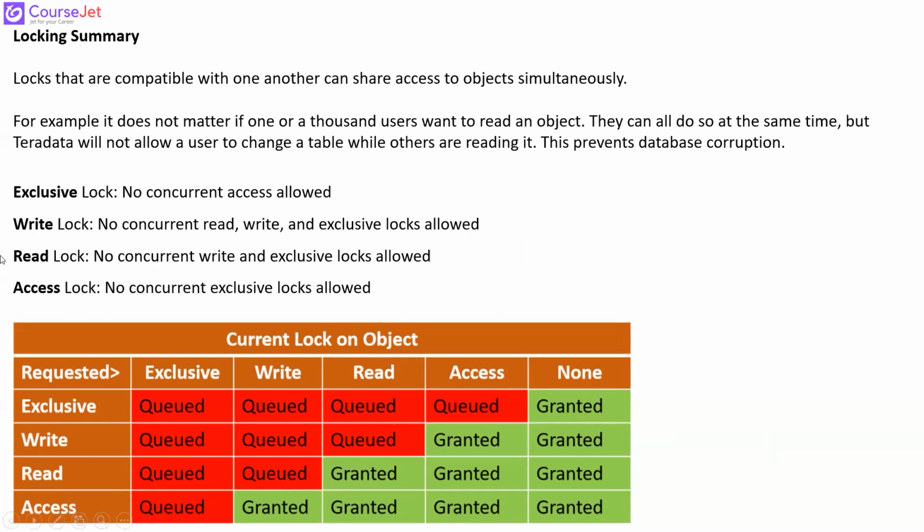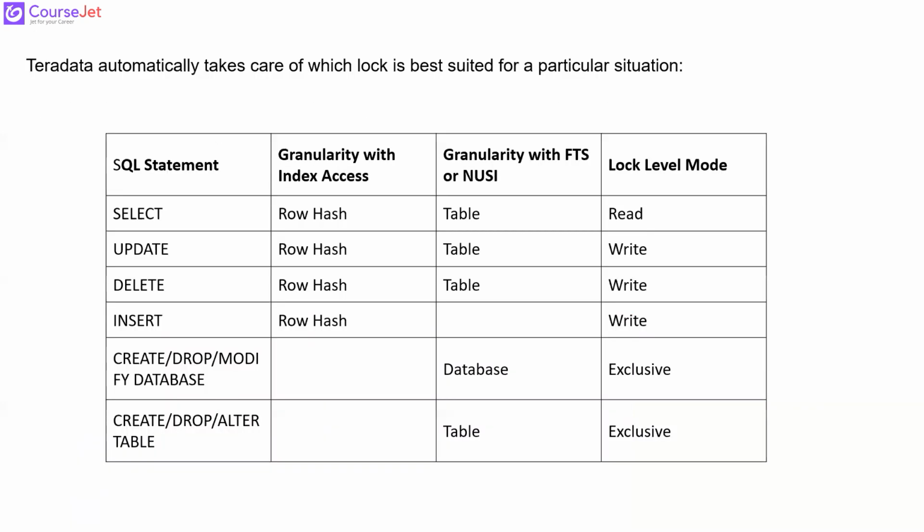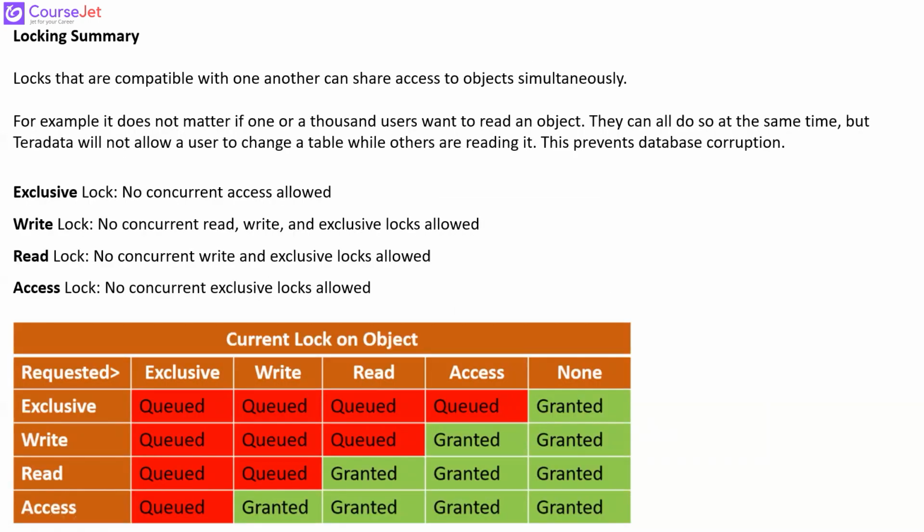You're asking what operations can't be done when users are reading? You can't modify the objects we see here, like create or modify the database or the table, or alter the table. Those won't be able to perform.